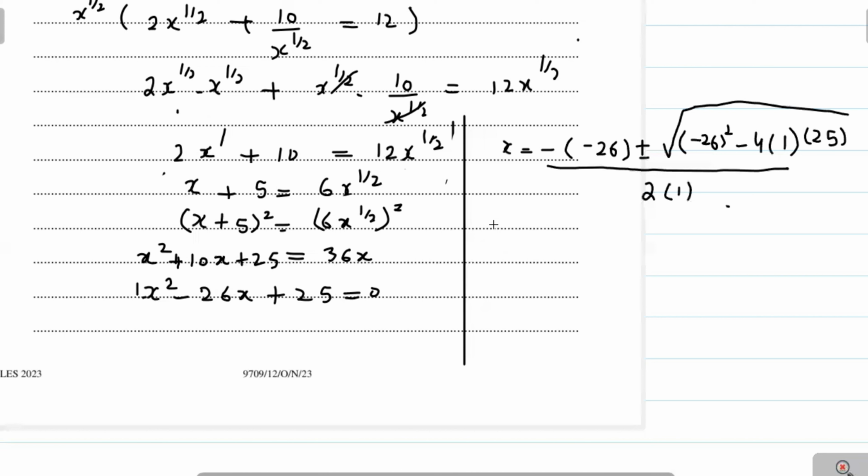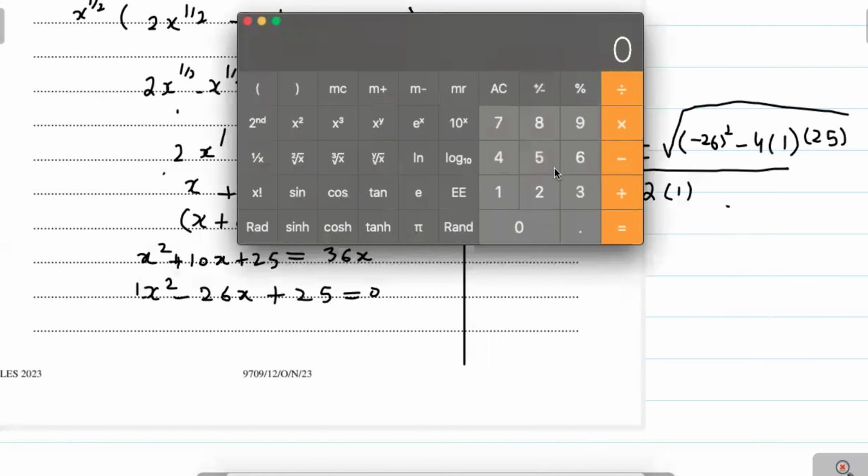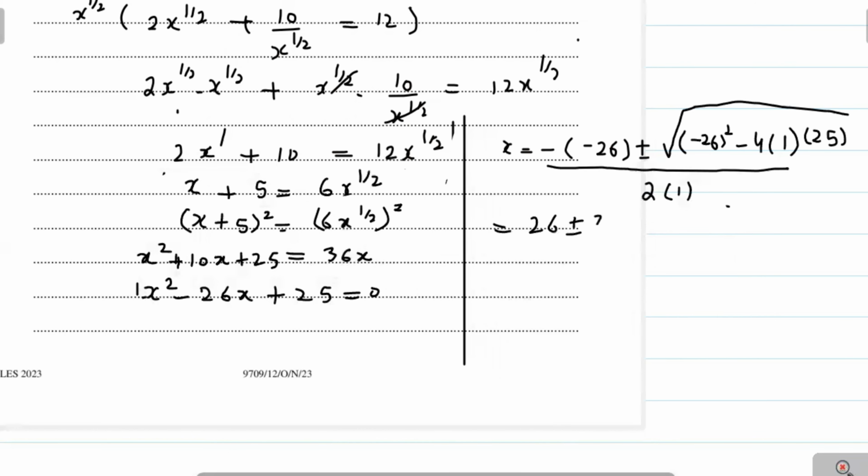Now 26 square minus 100 is equal to 576. Take the square root, and this is equal to 24. We write here 24 over 2. Therefore, x will be equal to 26 plus 24 over 2, or x equal to 26 minus 24 over 2.